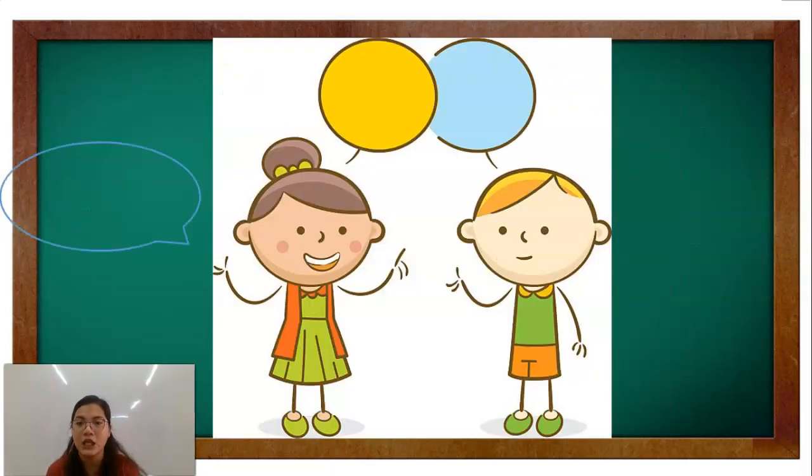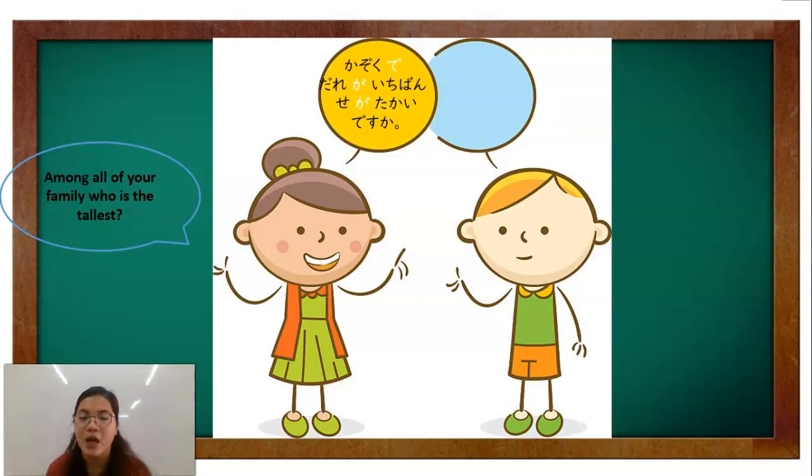Okay? Another example. Among all of your family, who is the tallest? Okay? So as you can see, no naka is omittable just like here. Kazoku no naka de, or you can just say kazoku de dare ga ichiban se ga takai desu ka?